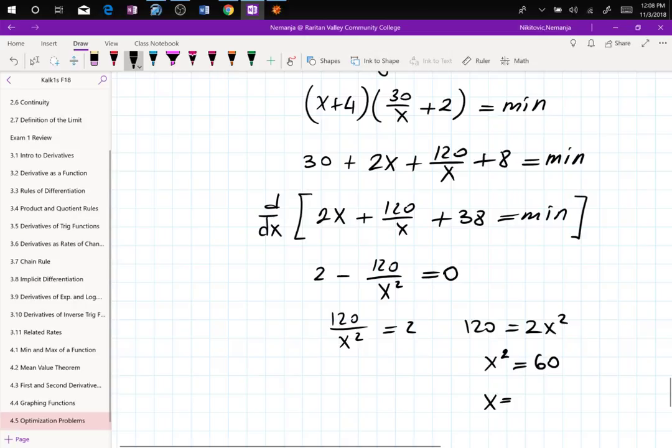It should be plus minus square root of 60, but lengths are never negative. So we only keep the positive value. Green? Good. So now we have a square root of 60. Again, applied problem. There are going to be decimals all over the place. So we're looking at 7.7 meters. That's about 2.5 times my height. No, 3.5.